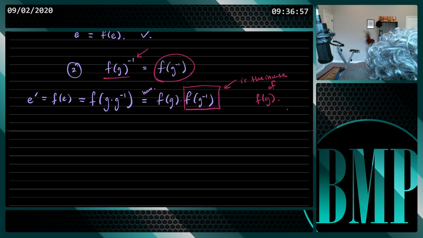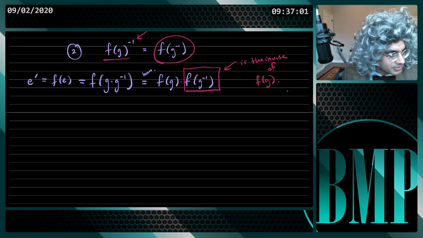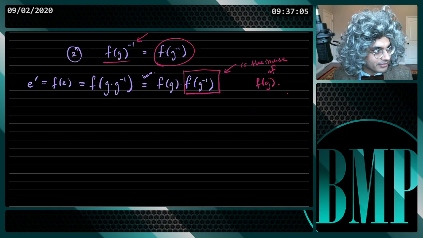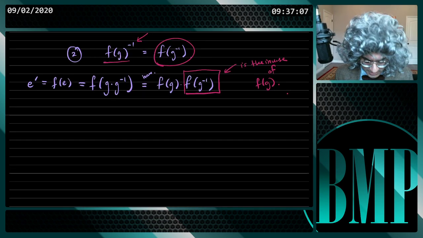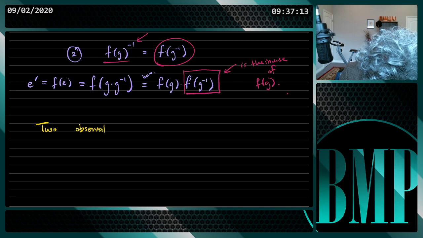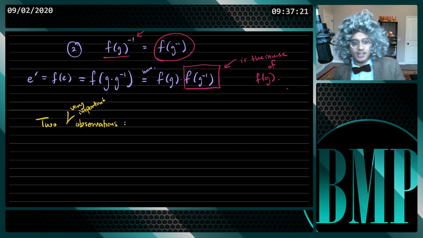All right. So the last thing I want to say about abstract things about homomorphisms, little baby comments, is two observations. These are important, very important. They're simple but very important observations. All right.